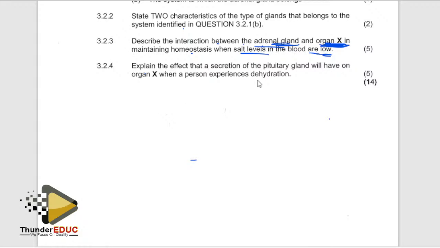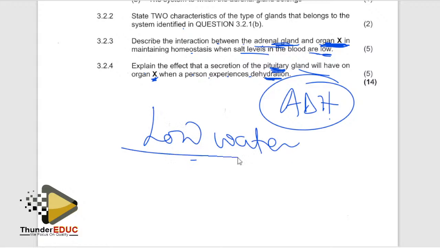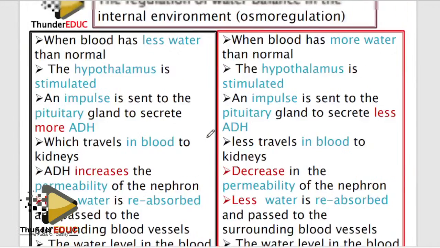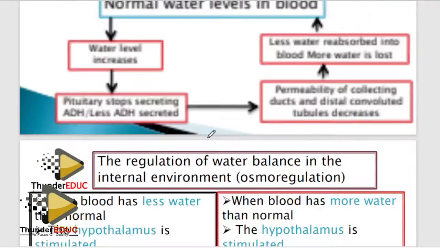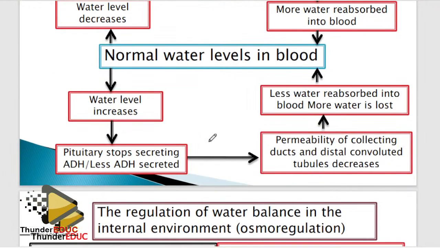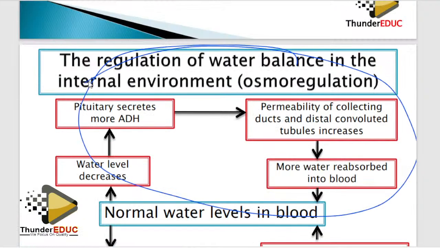So basically they are looking at ADH, because of the pituitary gland, and they are looking at gland X. For a person experiencing dehydration, it means that there is low water in the blood. So you explain osmoregulation, when there is a lower level of water in the blood.